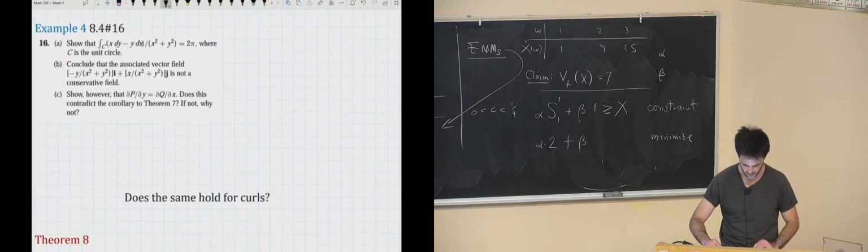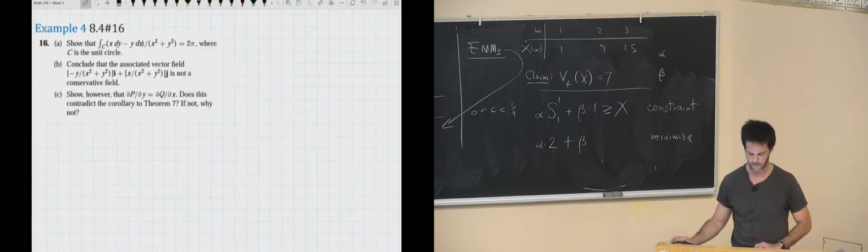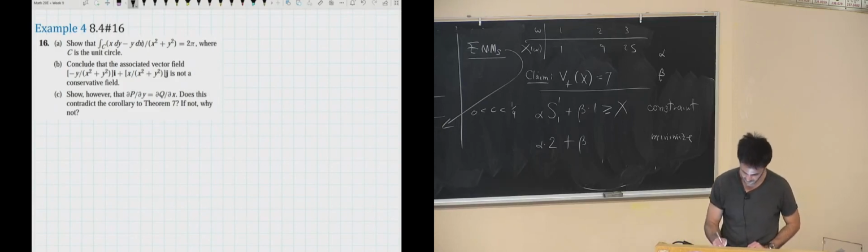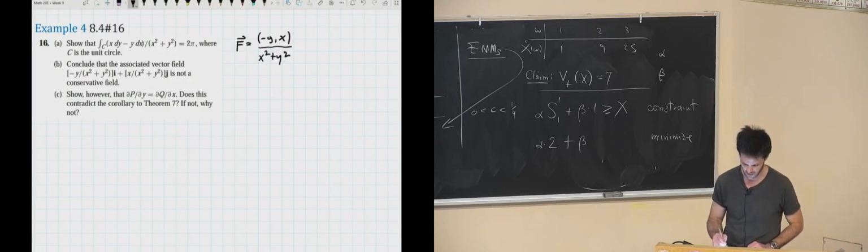Okay, so here's what can go wrong. Let's look at the vector field F equals (negative y, x) over x squared plus y squared.